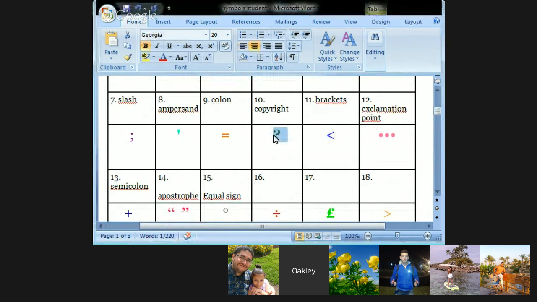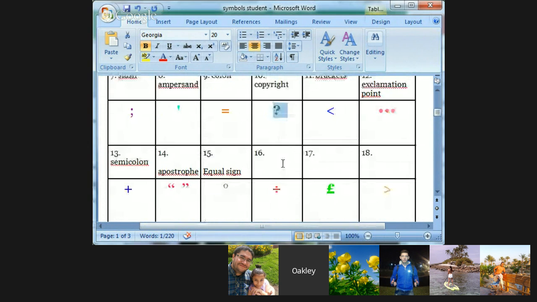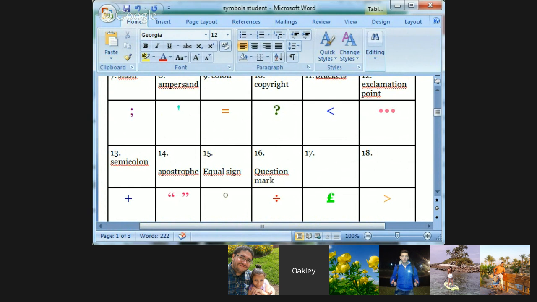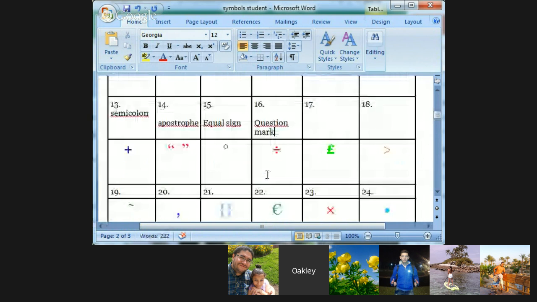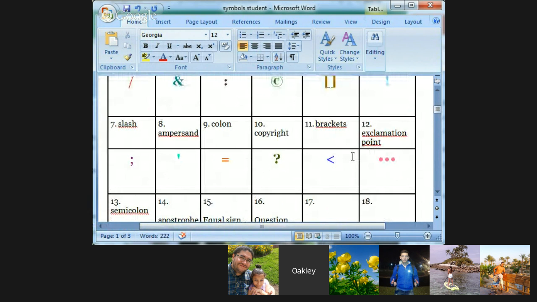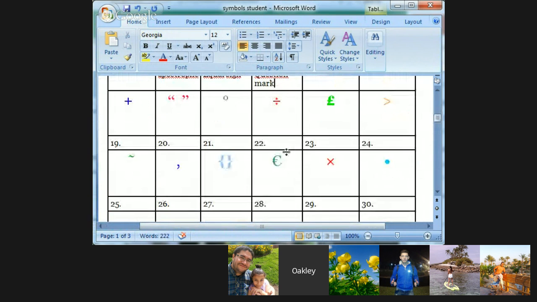Okay, let's keep it moving here. Natalia, what's number 16? A question sign, I think. Question mark usually. Now some of these are called something sign or something mark. Usually sign: equal sign, plus sign, minus sign. We use signs for things we do math with, mathematics.